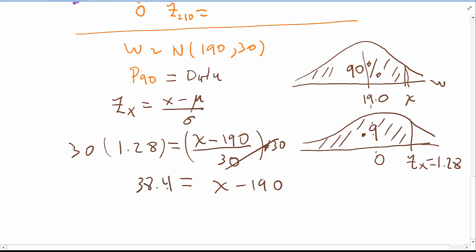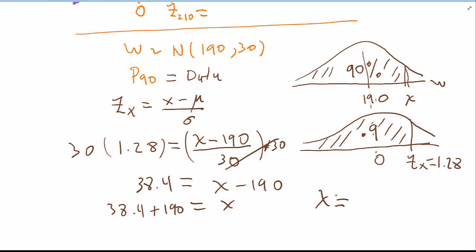All right, adding the mean to both sides gives me x is 38.4 plus 190. So the x value, finally we got the weight, is 228.4.